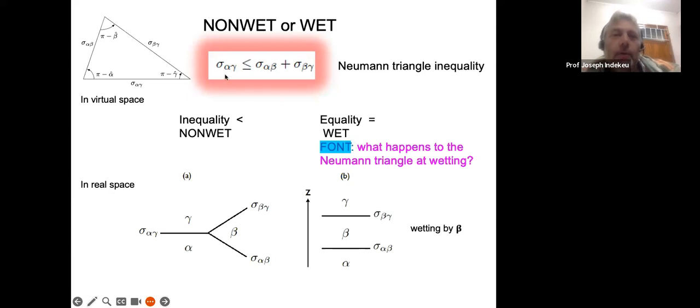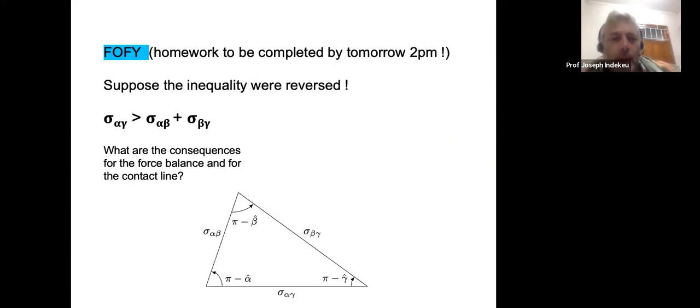So let's assume that one of these interfacial tensions does exceed the sum of the other two interfacial tensions. Let's just suppose that that could be possible. What would be the consequences of such a supposition on the force balance at the contact line, and what would be the consequences for the contact line itself if this were the case? So that's the second part of this homework exercise for tomorrow.